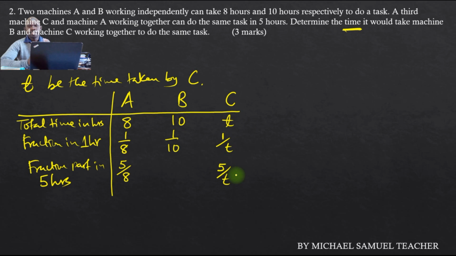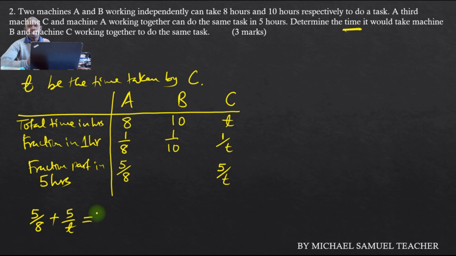Now, since it takes A and C 5 hours to complete the task, we have 5 over 8 plus 5 over t.